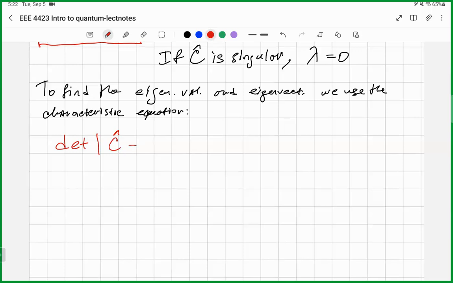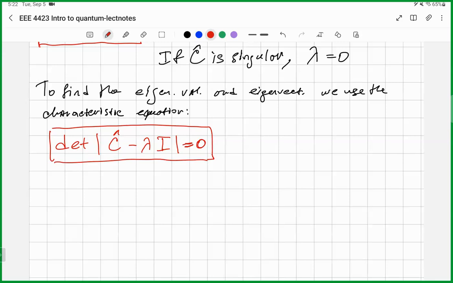Our matrix minus lambda I, and the determinant equal to 0. So this is the characteristic equation. The lambda is the eigenvalue of the matrix.